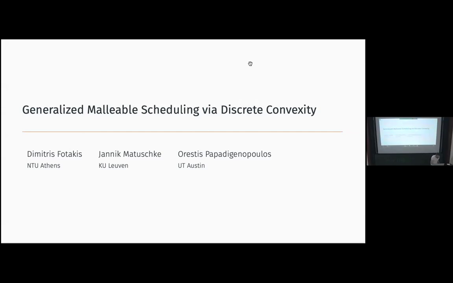Now, pointer not working. Okay. What is going on? The clicker is just on, right? But maybe you are working against each other right now. So this is unrelated to my clicker not working.